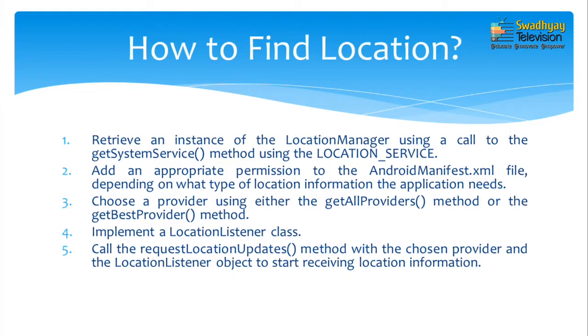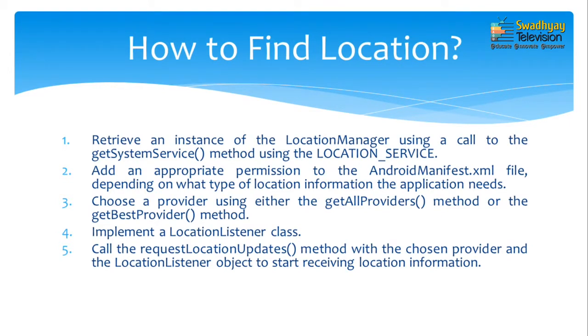Now, how to find a location? There are 5 steps for finding a particular location using location based services. The first is you have to retrieve an instance of the location manager using a call to the getSystemService method with the argument LOCATION_SERVICE.